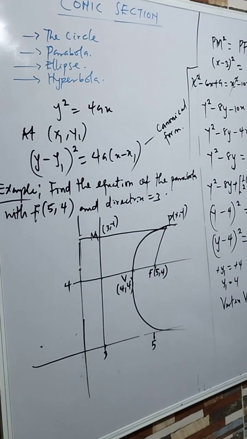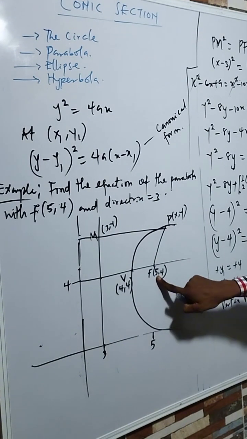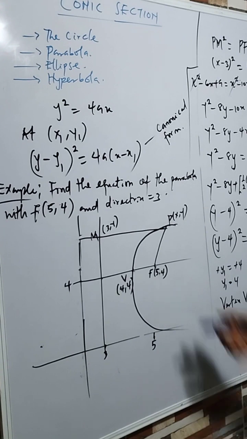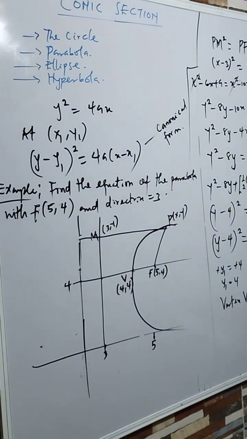We can actually show that too. How do we arrive at 5? From y squared equals 4ax, we should be able to arrive at how we got 5. You can go ahead and try that particular method.